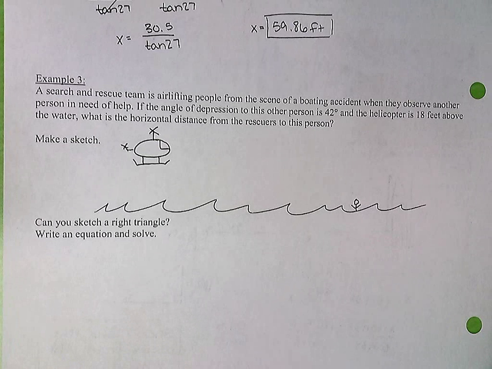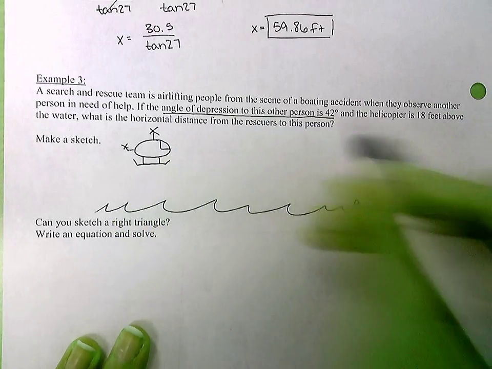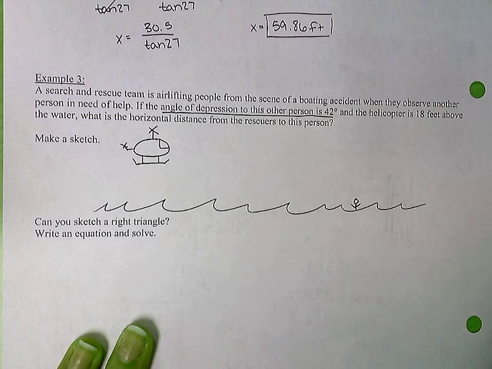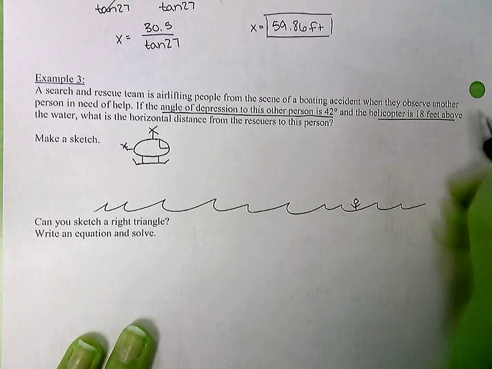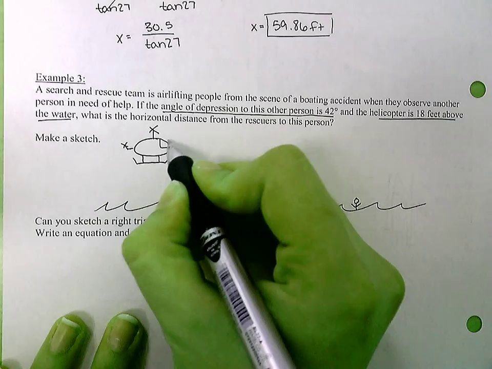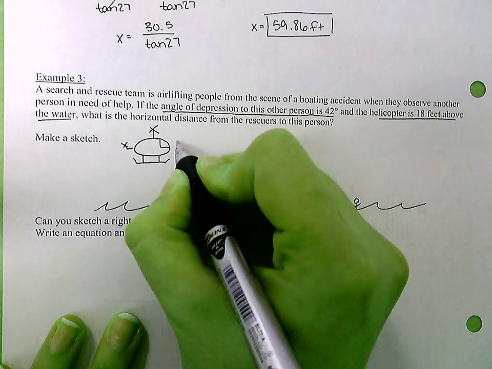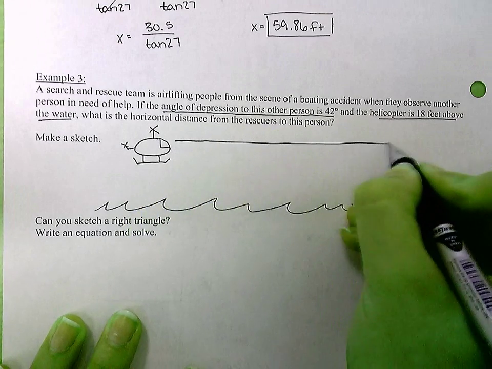Now what I want to do is go through the problem again and see what information I have. The angle of depression is 42 degrees. The helicopter is 18 feet above the water. And I want to find that horizontal distance. Since we're talking about an angle of depression from the helicopter, because they're looking down to that person, we need that horizontal line off the helicopter.